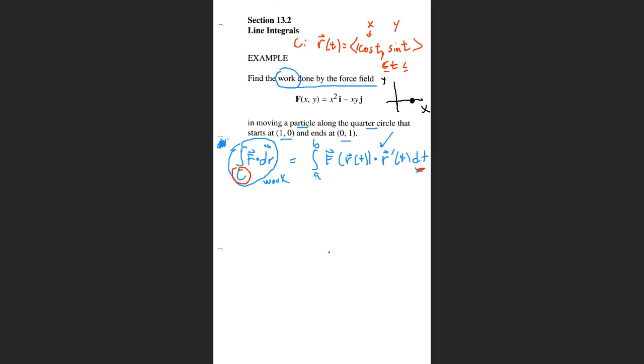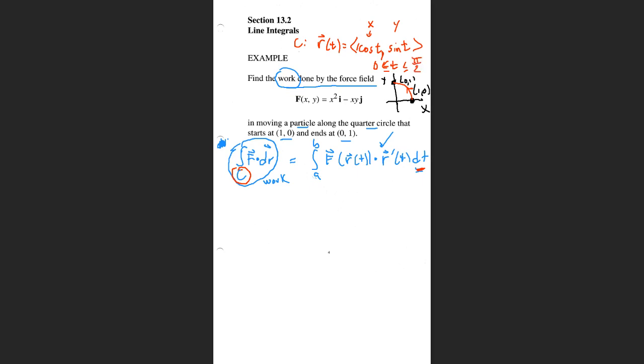The curve starts at (1, 0). I think you're right, Lexi. And it ends at (0, 1). So here's the space curve. It goes that way. Yep, I agree. t would go from 0 to pi over 2.